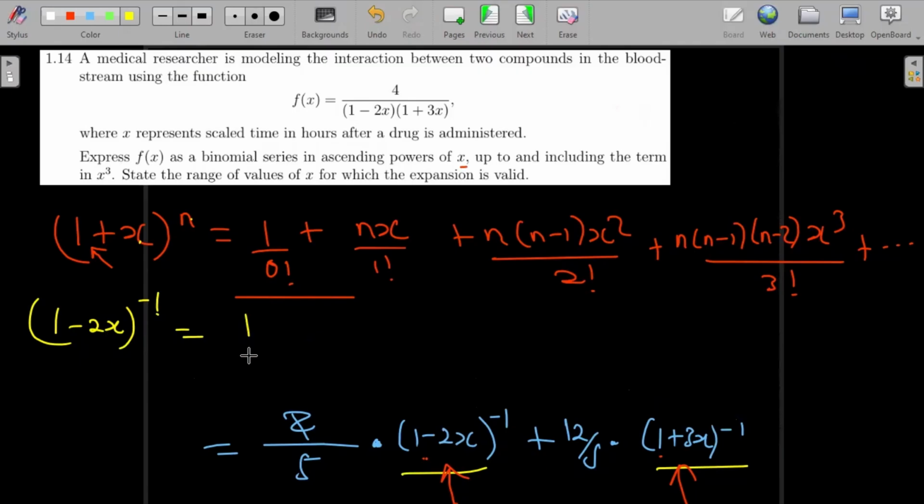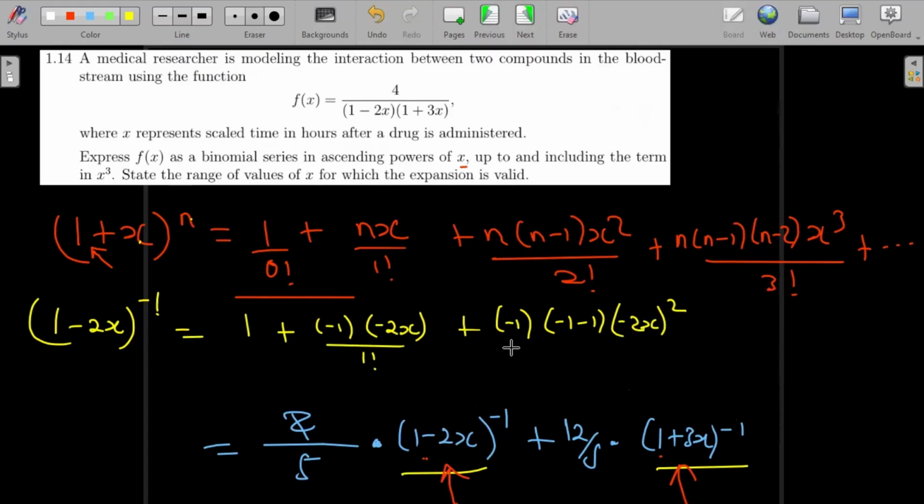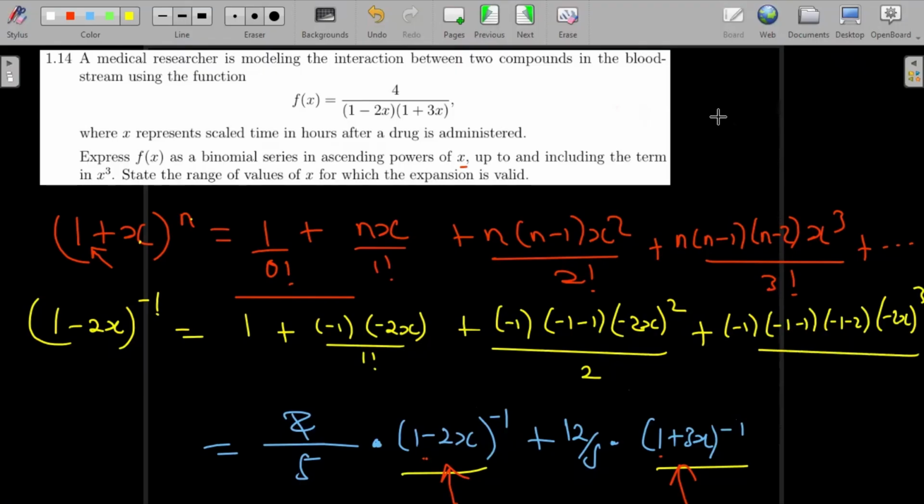So this is equal to 1, of course, plus n, which is minus 1, times x, which is minus 2x, divided by 1 factorial, which is just 1, plus n, which is minus 1, times n minus 1, which is minus 2, times minus 2x squared, divided by 2 factorial, which is just 2, plus minus 1 times minus 2 times minus 3, times minus 2x to the power 3, over 3 factorial. 3 factorial is 3 multiplied by 2 multiplied by 1, which is just 6.